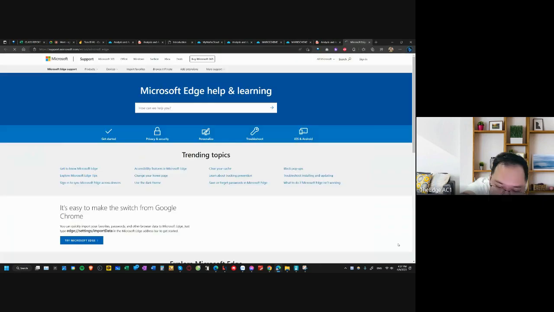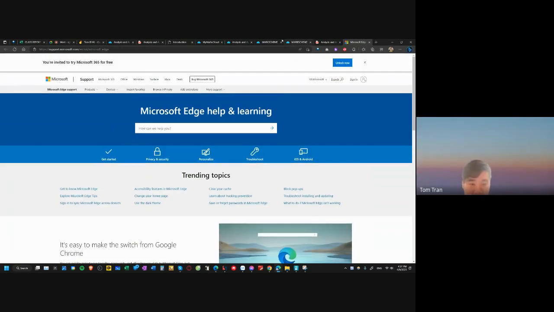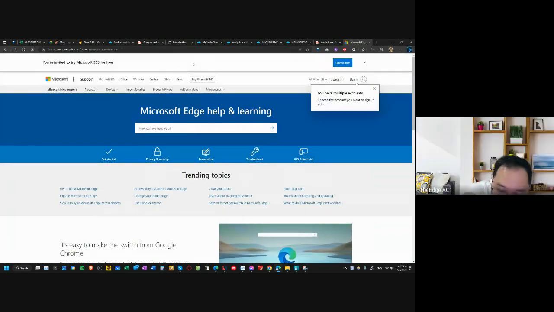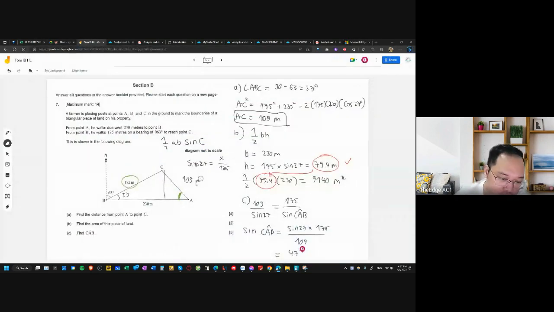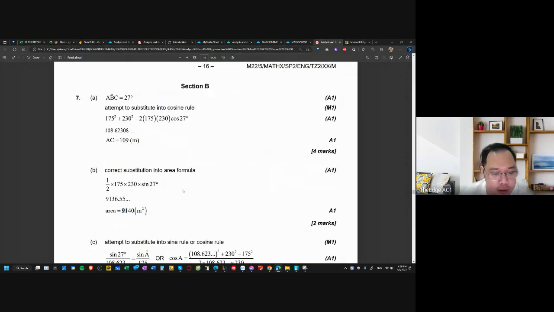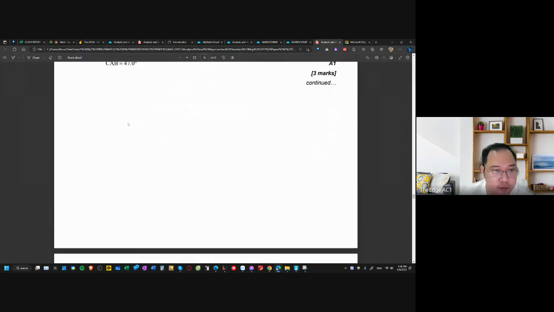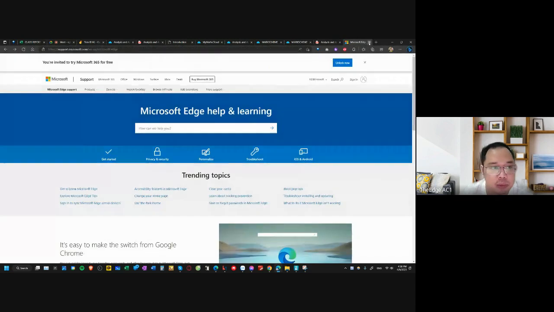Yeah, 47 degrees. Or do I keep it as 3 sig figs? 2 sig fig, because the other angle, 63 degree, is given in 2 sig fig. Okay, here the answer is 47.0 in 3 sig fig.